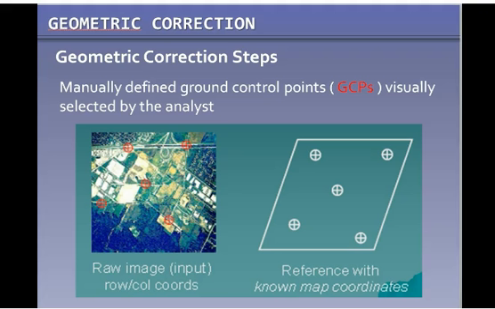So this really is often a manual correction. You have to make sure that you go into your image and clearly identify that intersection or that object that you're training on, and that it matches your known location on the ground.